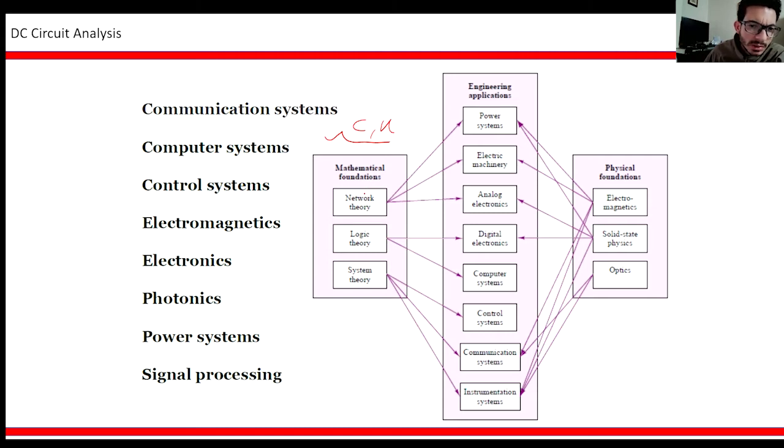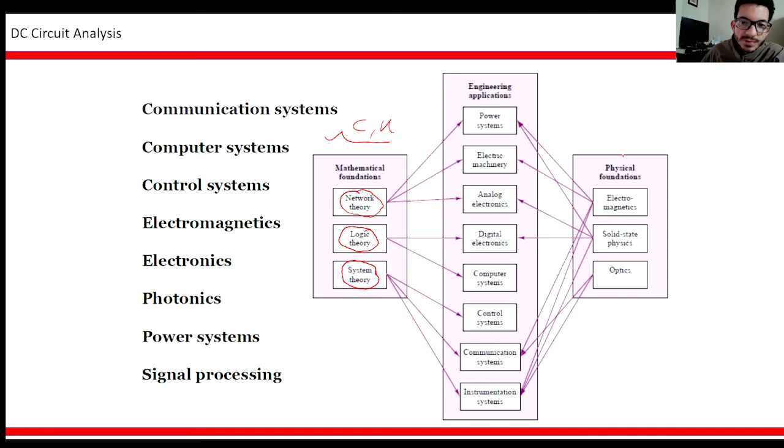So for instance, in this particular case for electronics, you have network theory, you have logic theory, which is digital systems and transistors and flip-flops. You have system theory, which is all the free body diagrams and all the thermodynamic conditions and all the Ohm's law and everything.